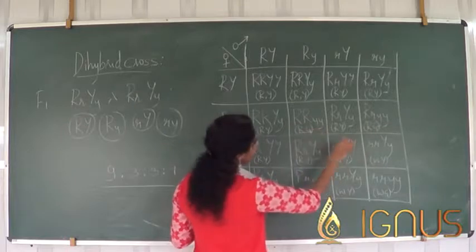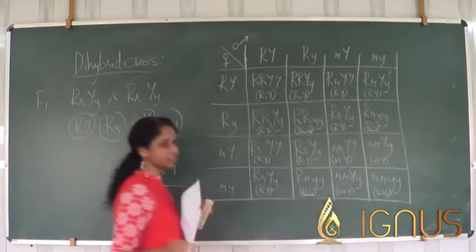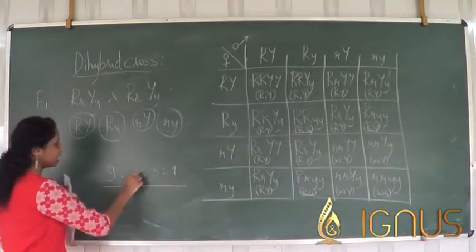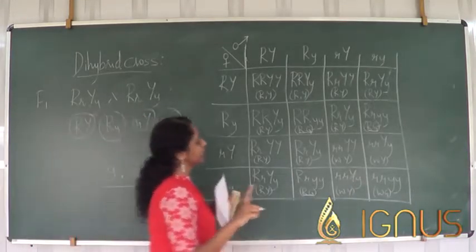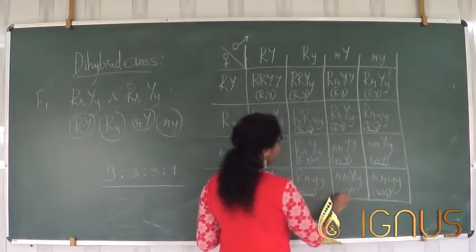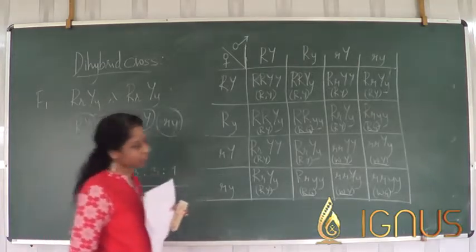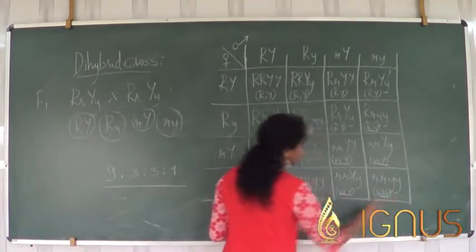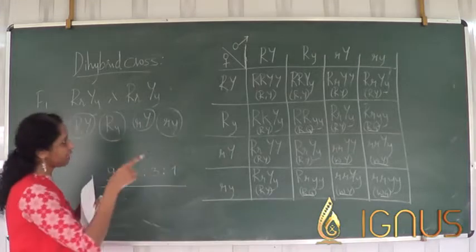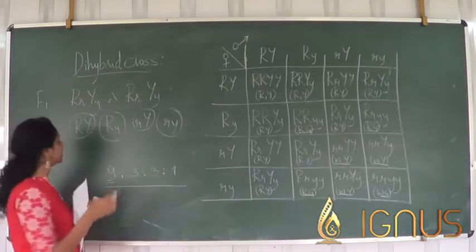So you have round and green here, round and green here, and round and green here. So 3 of them being round and green, 3 of them being wrinkled and yellow. So wrinkled and yellow, wrinkled and yellow, wrinkled and yellow, and 1 being the double recessive, which would be wrinkled and green here.